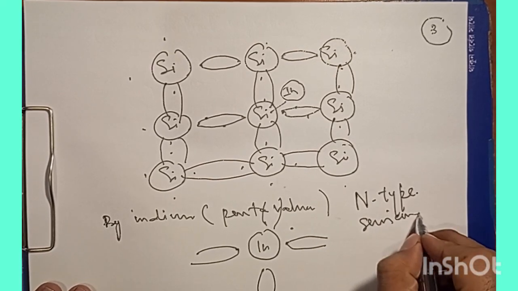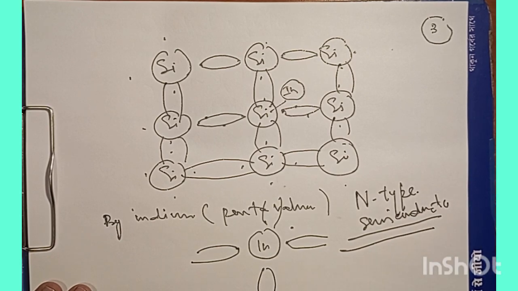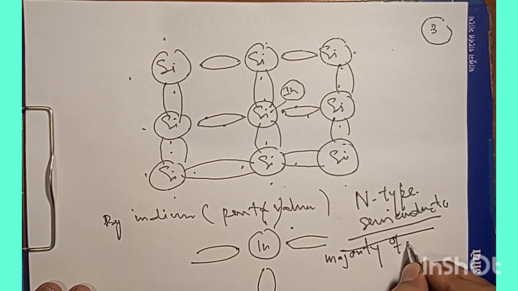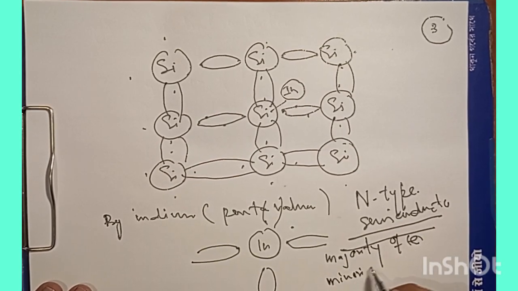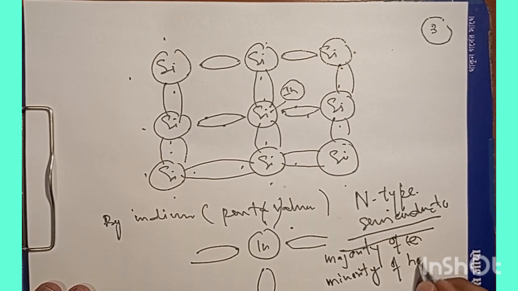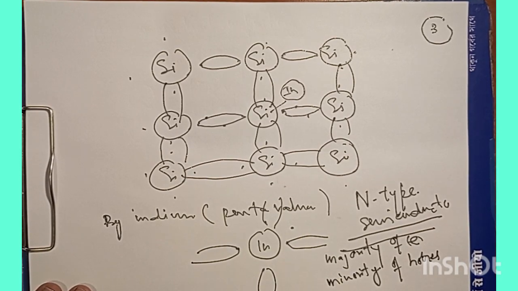It is a semiconductor doped by pentavalent impurities, and it has a majority of electrons and a minority of holes, because we know that semiconductors have two types of charge carriers: electrons and holes.